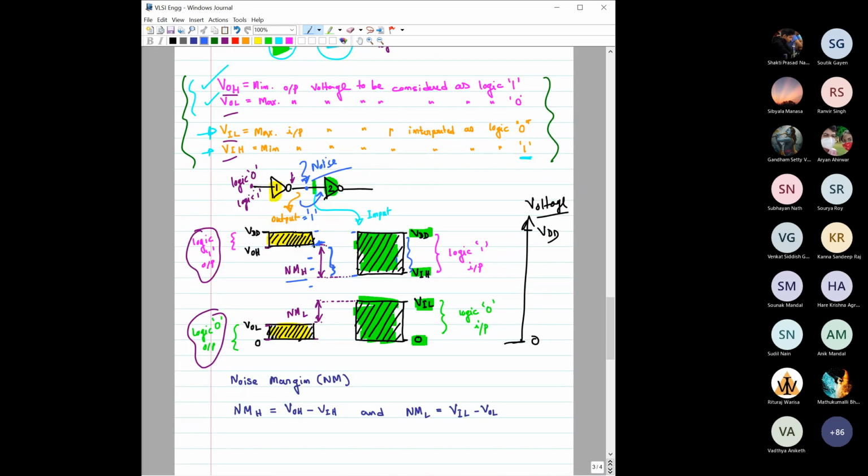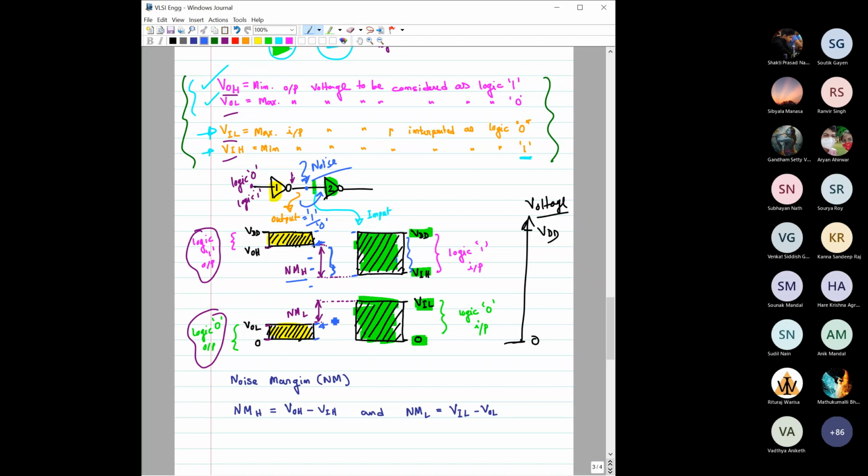On the same analogy, we can also say, if instead the output was 0 earlier, then the valid range of this output is this much. Say the output is at its maximum, this level only.